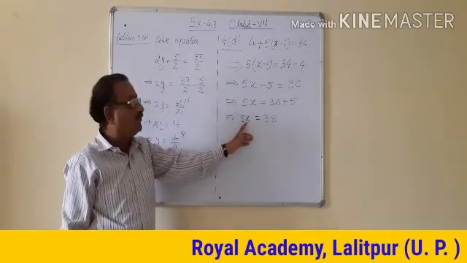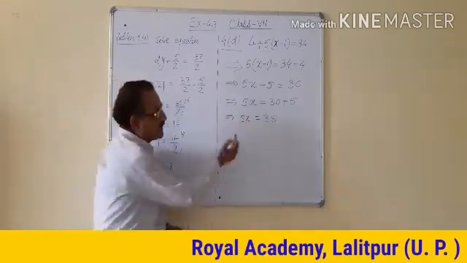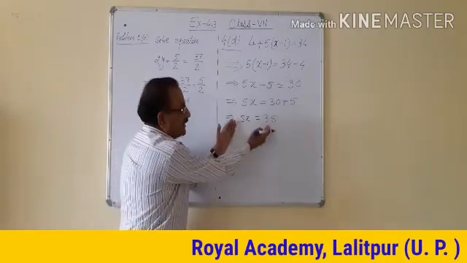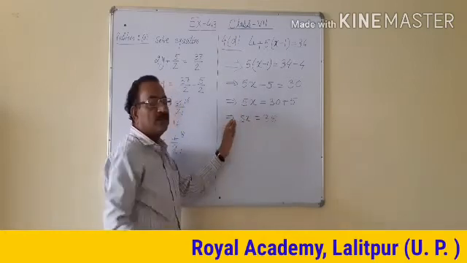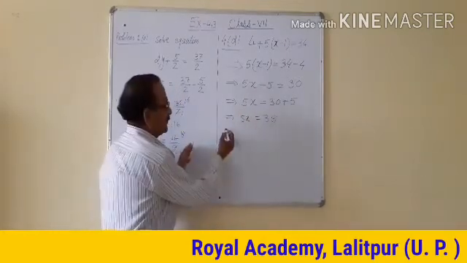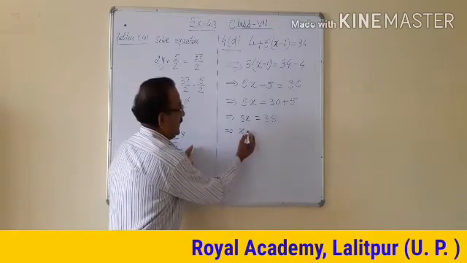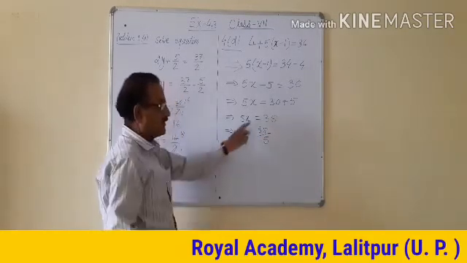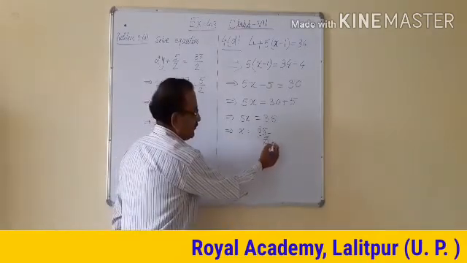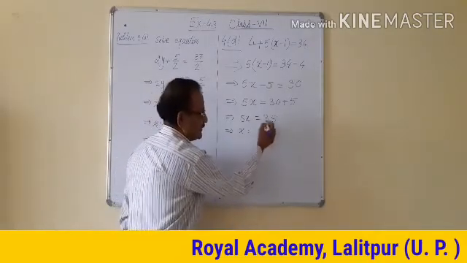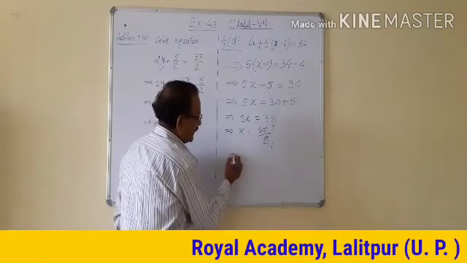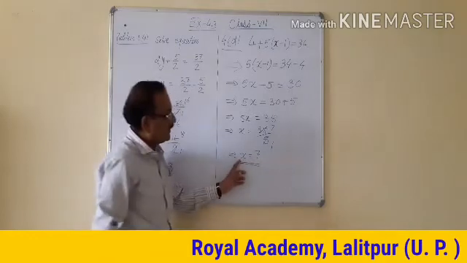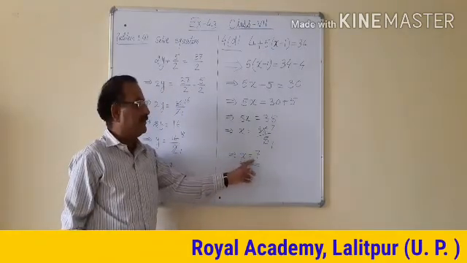There is a multiplication sign between 5 and x. So when we transfer it, this 5 will come into divide. This implies x equal to 35 upon 5. Just cancel it. 5 fives are 5, 5 sevens are 35. It implies x equal to 7, and this is the value of the variable.